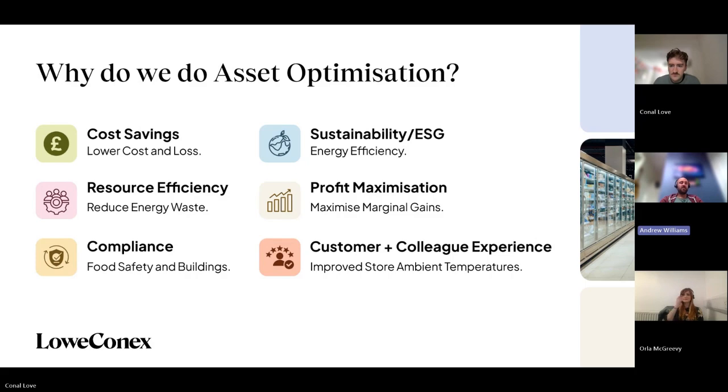But yeah, there are some other intangible benefits that we can get from doing asset optimization. So, for instance, compliance, especially with food safety, and customer and colleague experience. So increasing or maintaining thermal comfort within a building can go towards that. We can reduce wastage as well. A good example of reducing wastage is on refrigerated cabinets where we've got night blinds being used.